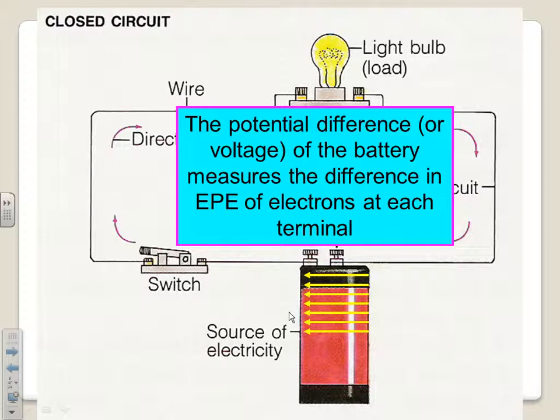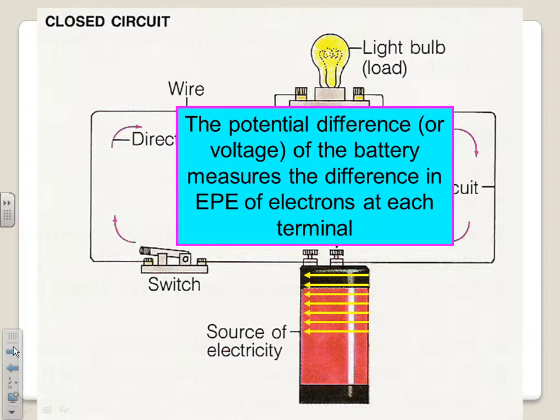Now, once we've increased the energy, the energy is going to be transferred into other forms, as long as we can get that energy of the electron way over here to the light bulb. So we have to move the electron.